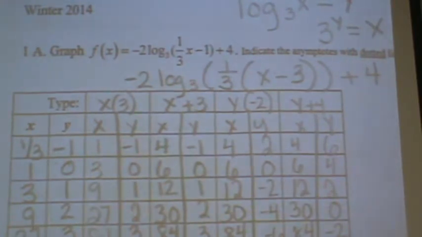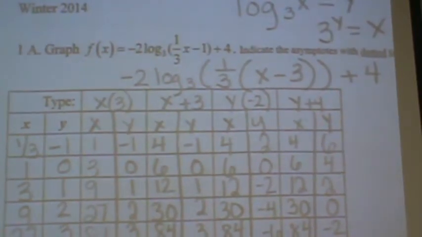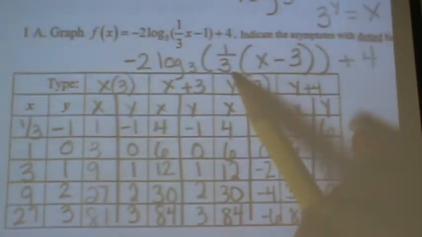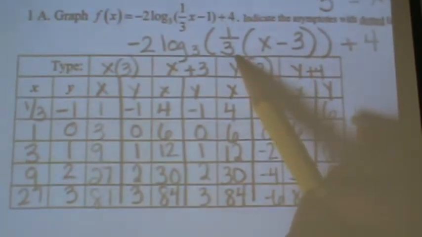And now let's talk about this. You should be able to do the transformations. What are all the transformations? What's the first transformation? Horizontal stretch by a factor of 3. What's the next one? Shift graph 3 units to the right.